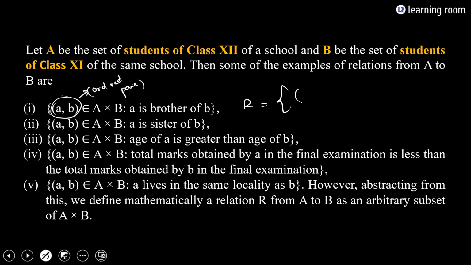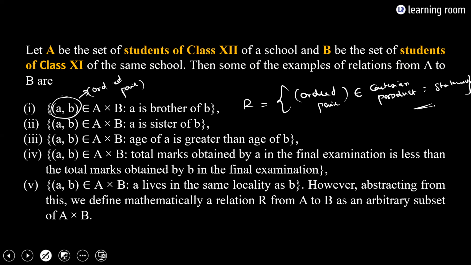Can you give a form to it? First, what will you write? You'll open the braces, you'll write the ordered pair that belongs to A cross B, the Cartesian product, colon, that is, such that, you write the statement here.